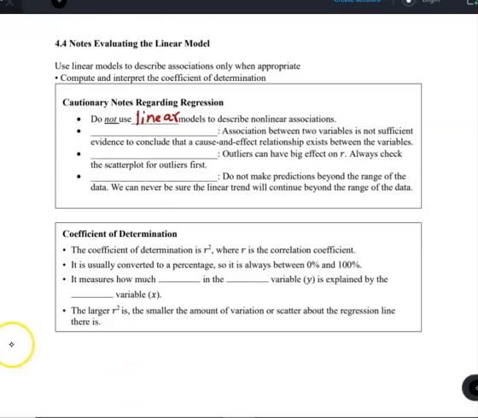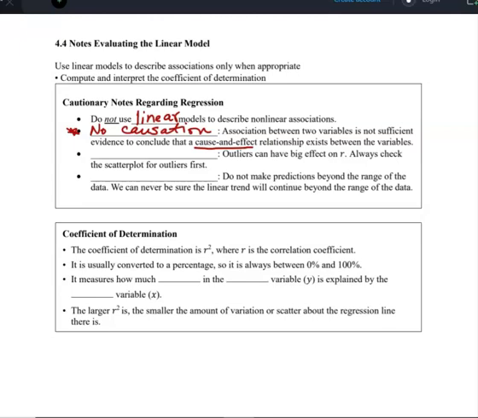The second bullet point says, association between two variables is not sufficient evidence to conclude a cause and effect relationship. So in other words, no causation. And this is a very important point. You've probably heard the phrase correlation does not mean causation. Just because two things are related to each other doesn't necessarily mean that one caused the other.